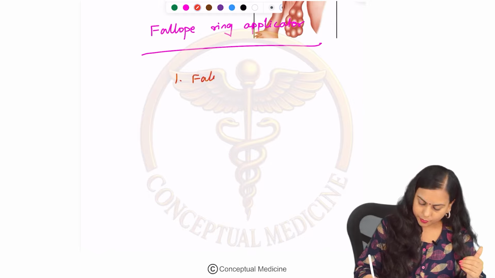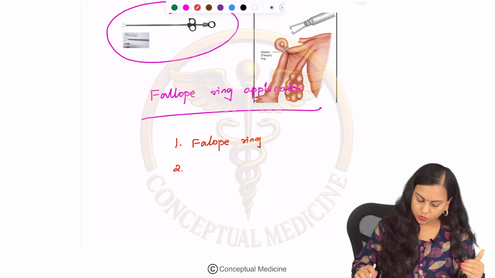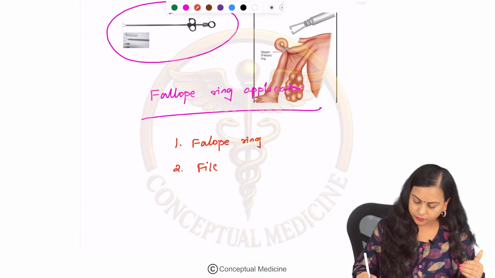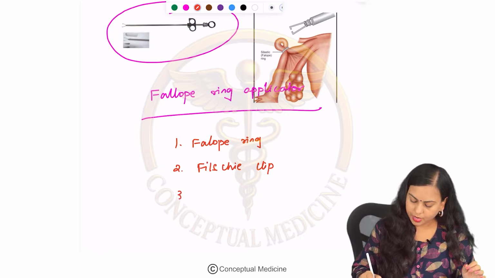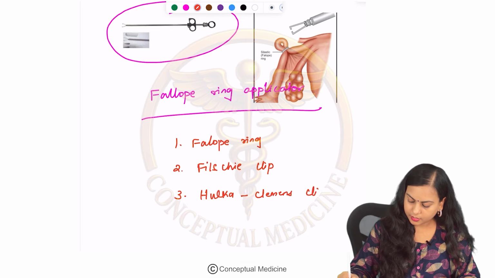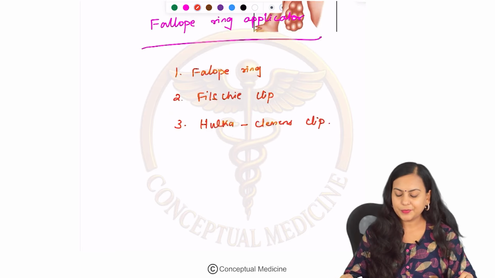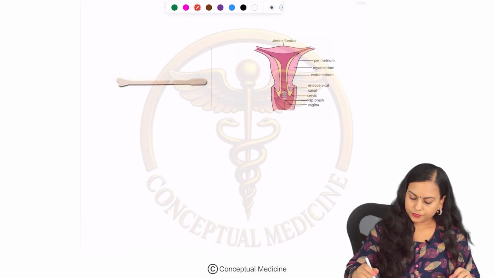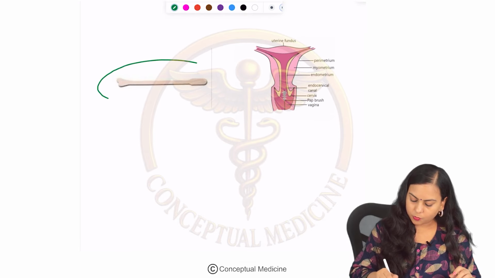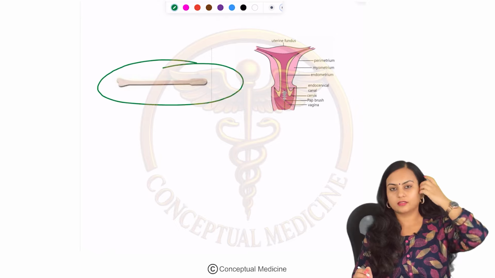One is a Fallope ring, as shown in the picture. Then it can also be a Filshie clip that is made up of titanium, and finally we have the Hulka-Clemens clip. Clear? Right.